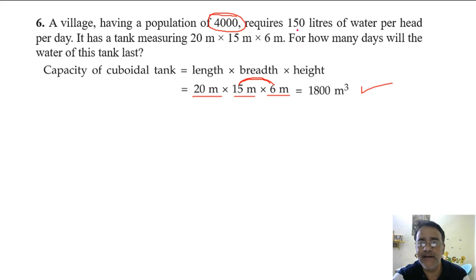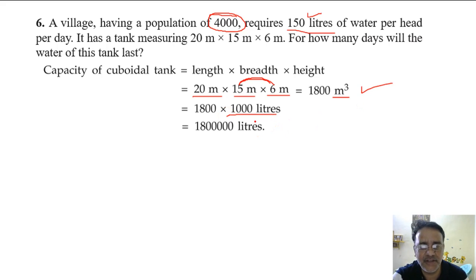Now 150 liter is required for one person, right? The requirement is given in liters, so we need to convert meter cube into liters. So 1 meter cube is equal to 1000 liters, so we have to multiply. This is the capacity of the tank. Now the water required for one person is 150 liter.